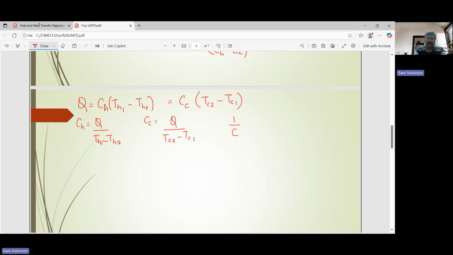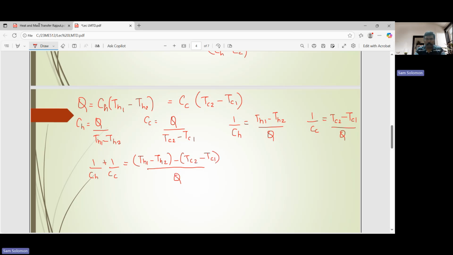Your 1 by CH is therefore going to be TH1 minus TH2 divided by Q, and 1 by CC is going to be TC2 minus TC1 divided by Q. So your 1 by CH plus 1 by CC is going to be TH1 minus TH2 plus TC2 minus TC1 whole divided by Q, because Q is common in both the cases.